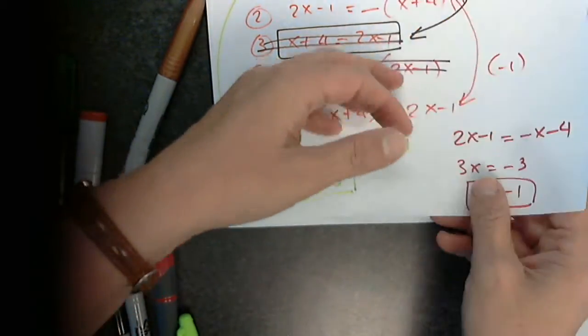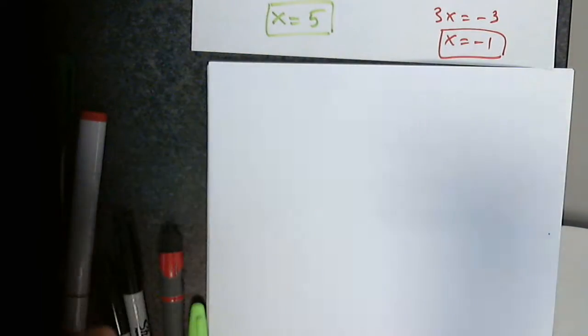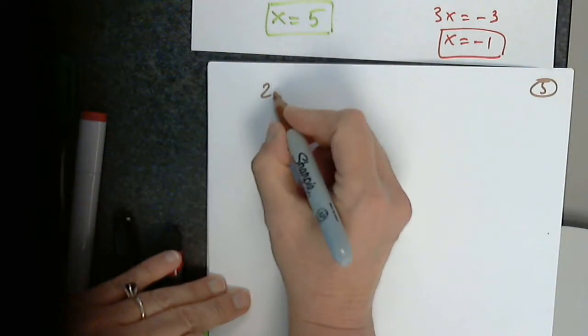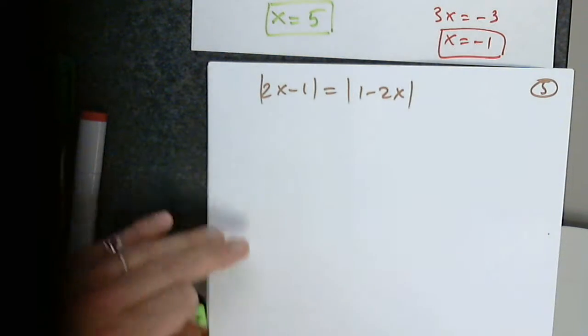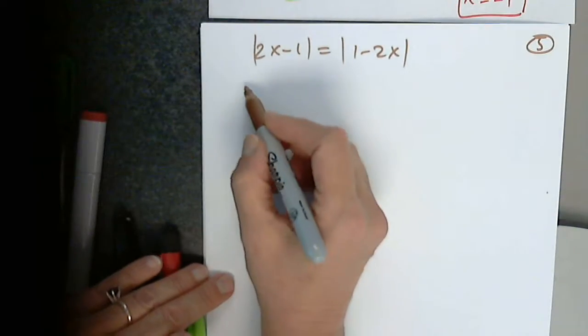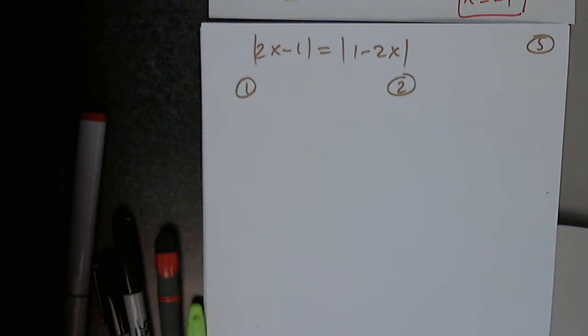Okay, one more. Let's look at 2x minus 1 in absolute value equals 1 minus 2x. Can anyone give us those 2 options that we are talking about? So even with solving equations with 2 absolute values, we still have only 2 options.